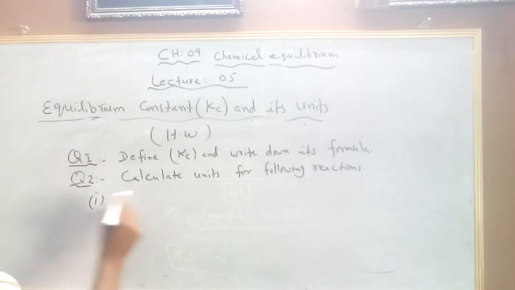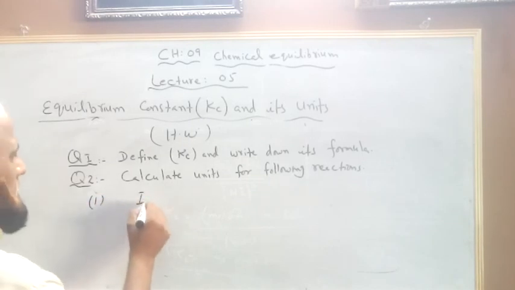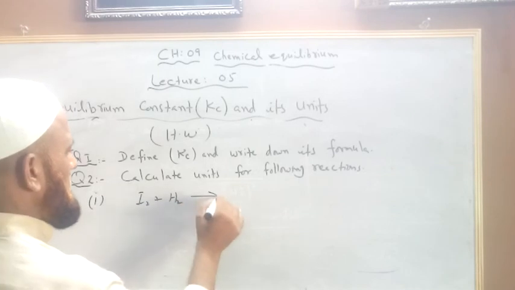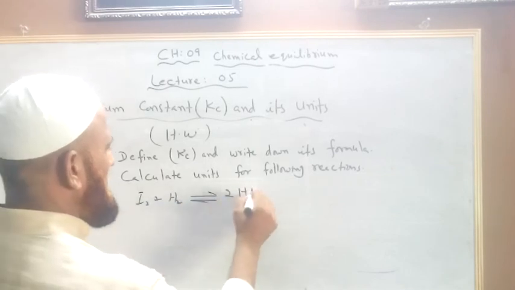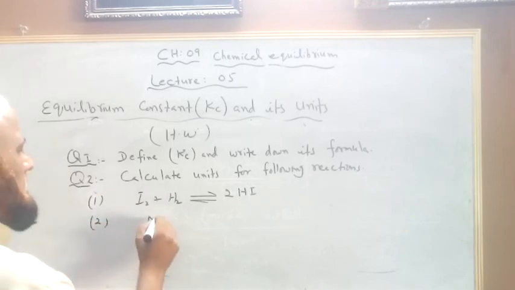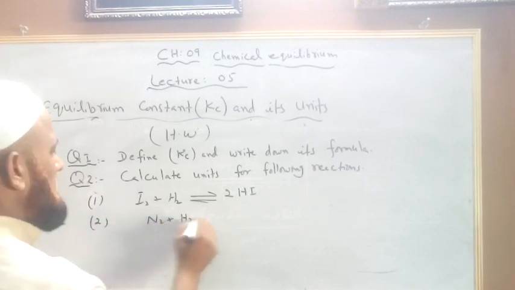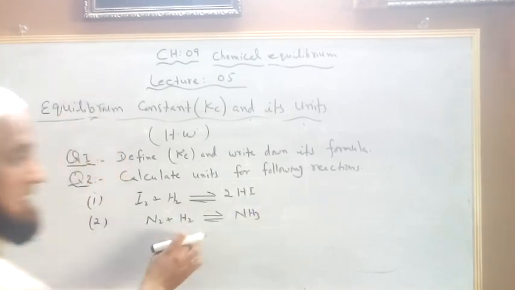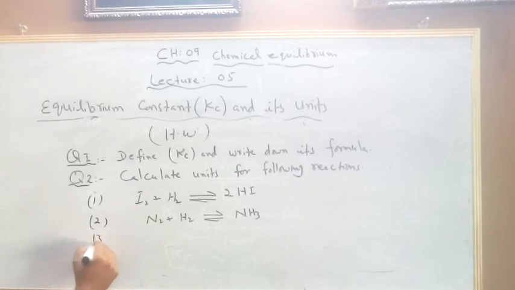Number 1, I2 plus H2 giving 2HI. Number 2, N2 plus H2 giving NH3. You have to balance it, don't forget.